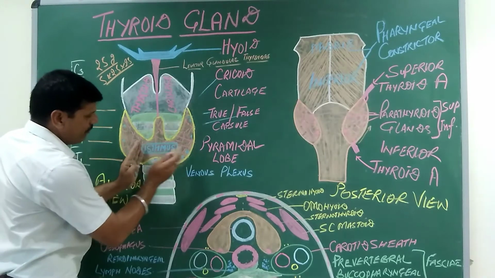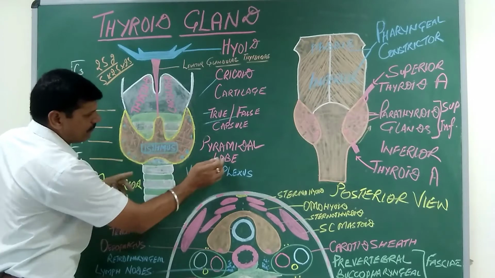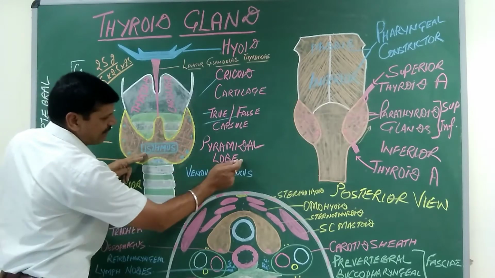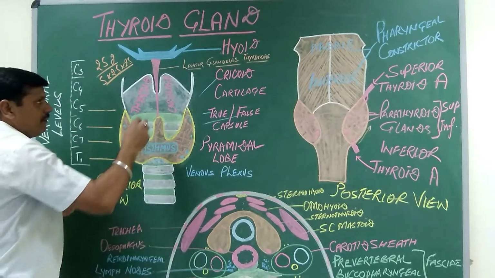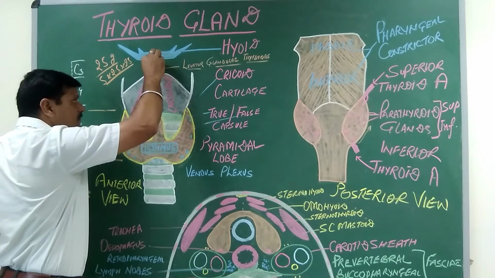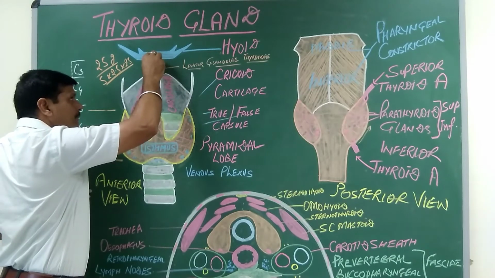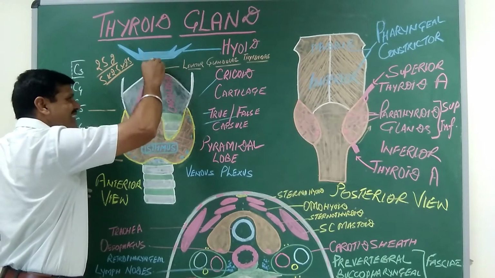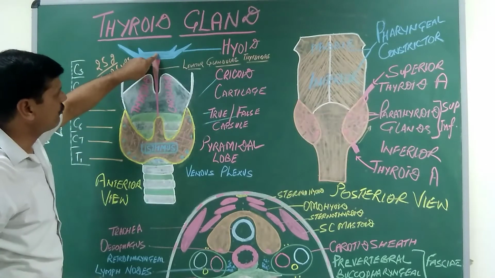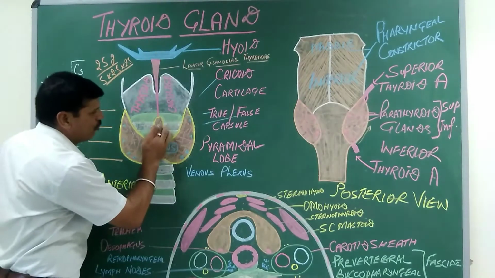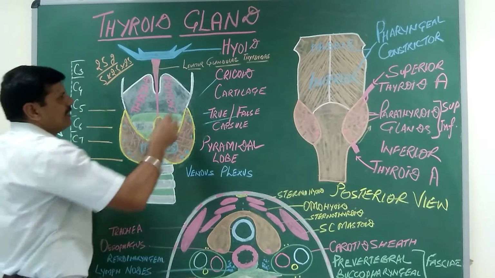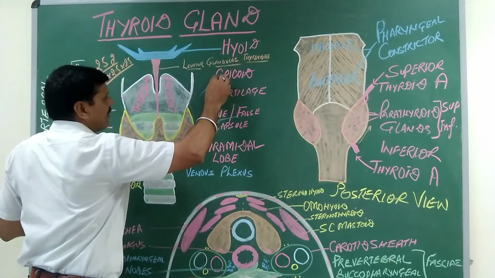The third lobe projects upward from the isthmus, known as the pyramidal lobe, and sometimes there is a fibromuscular band. It descends from the body of the hyoid and joins the pyramidal lobe. This is known as levator glandulae thyroideae.